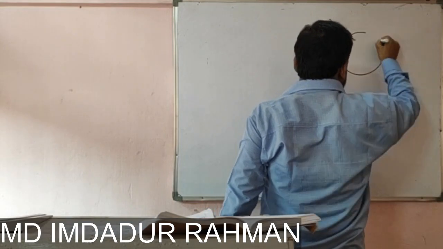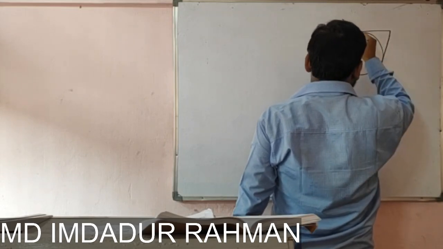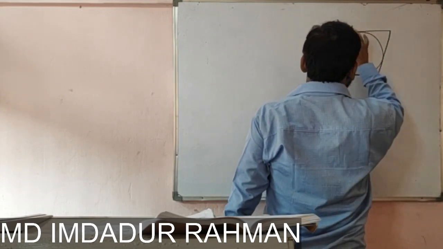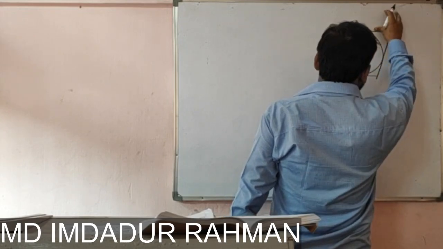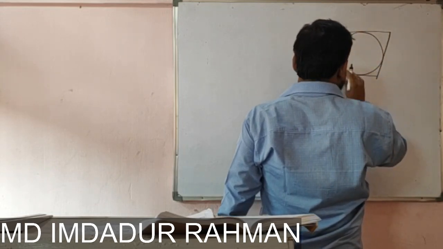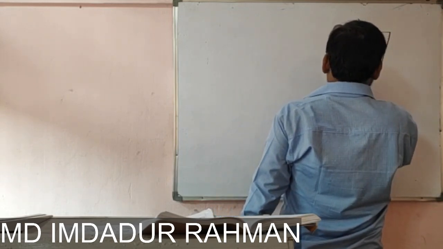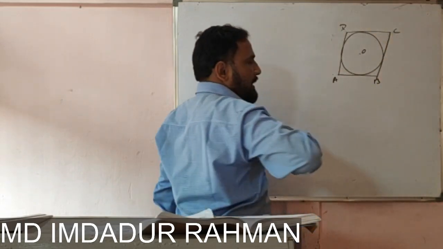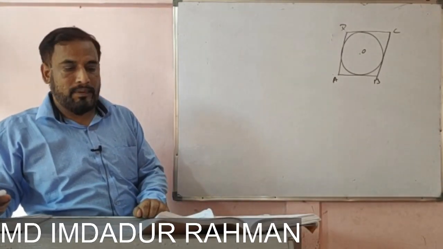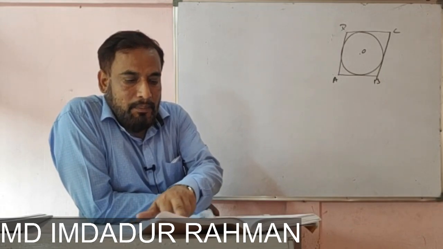So here is given a circle. Suppose this is O, the center of the circle, and ABCD is the parallelogram circumscribing the circle. Your question is, prove that the parallelogram circumscribing a circle is a rhombus.